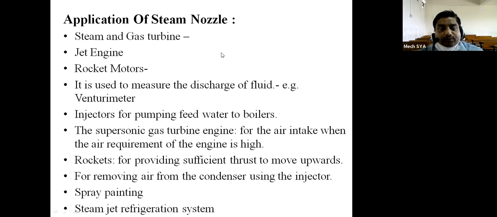Then rockets, for providing sufficient thrust to move upwards. These nozzles are also used for removing air from the condenser using an injector. Spray painting is also an application. Steam jet refrigeration systems, where we can get refrigeration with the help of steam.